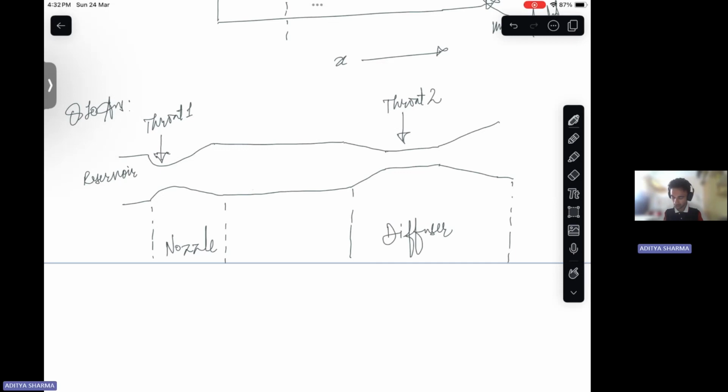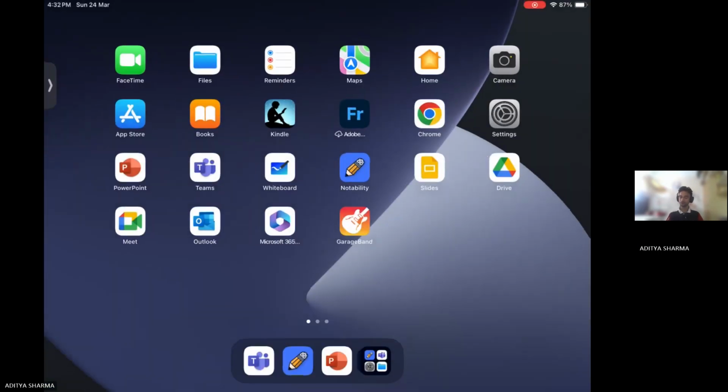And the middle section is the test section, right? So this is our supersonic wind tunnel.